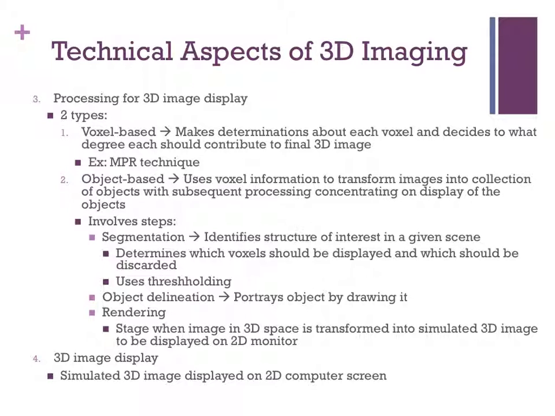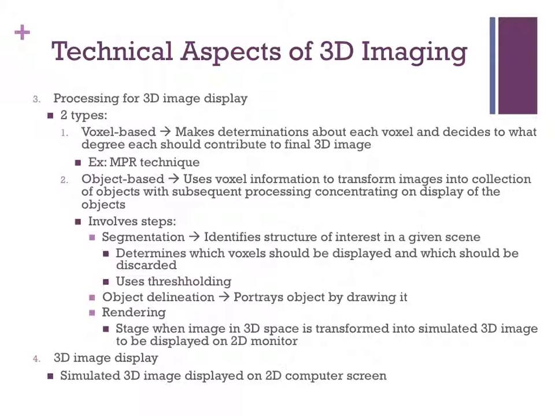Object-based processing uses the voxel information to transform the images into a collection of objects, with subsequent processing concentrating on the display of the objects. Object-based processing involves several processing methods to produce a model, which is called an object model or object representation.